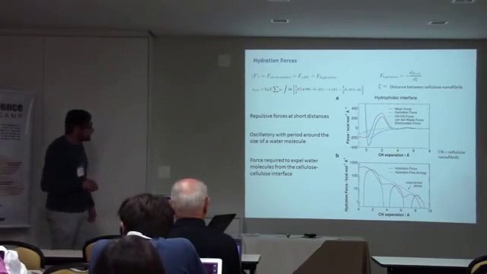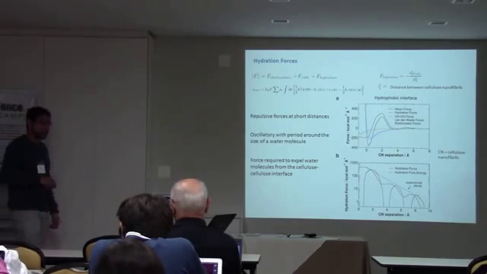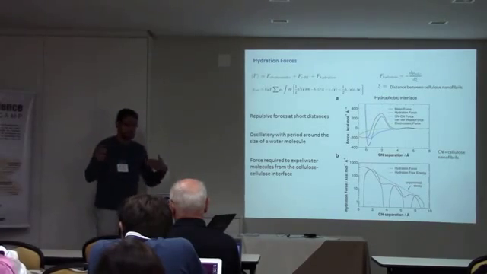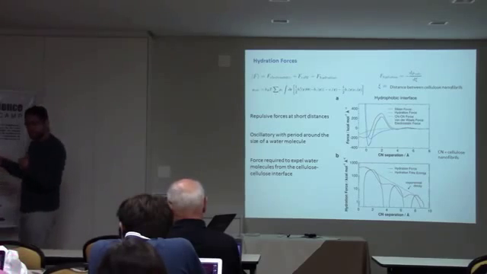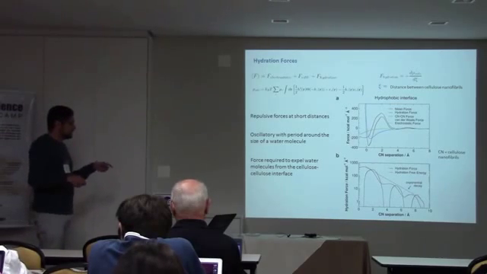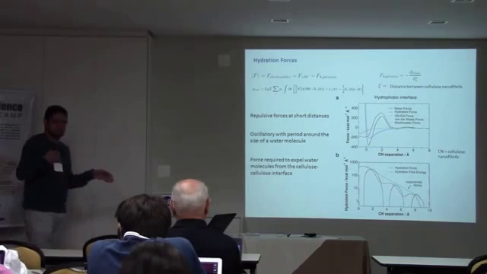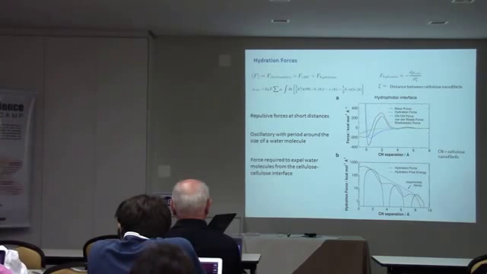And more interesting is that when you plot the hydration force in a log scale, we see that at short distances the hydration force oscillates a lot, right? And as we decrease the distance, the hydration force increases exponentially, but it oscillates with the period of the size of a molecule of water.